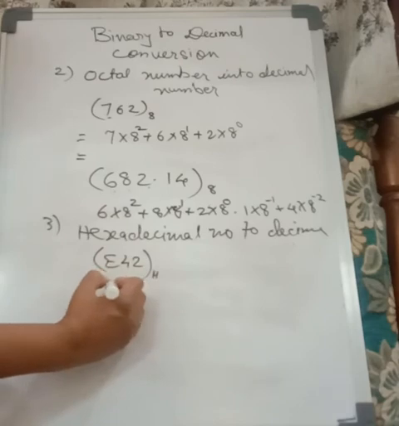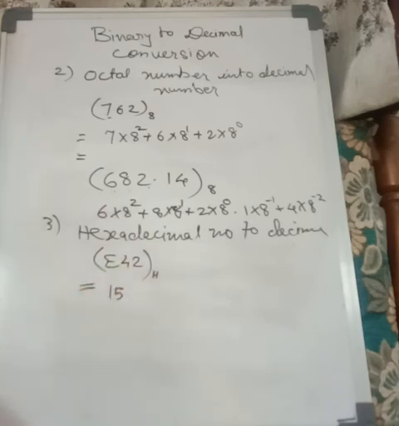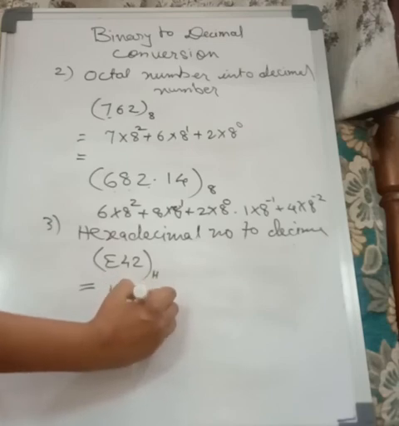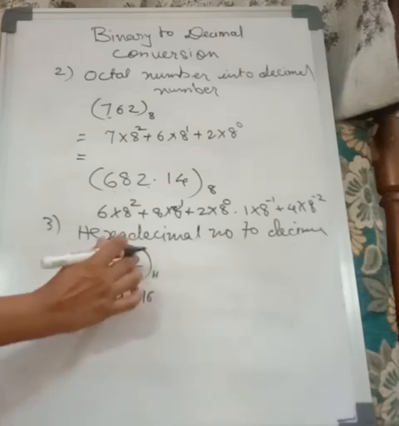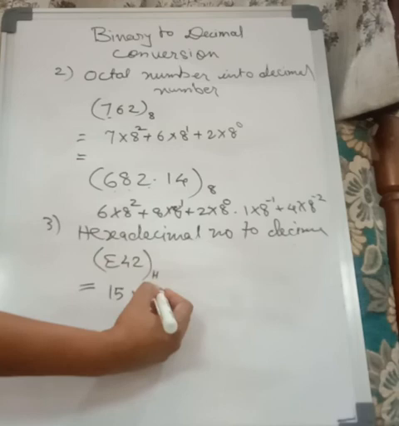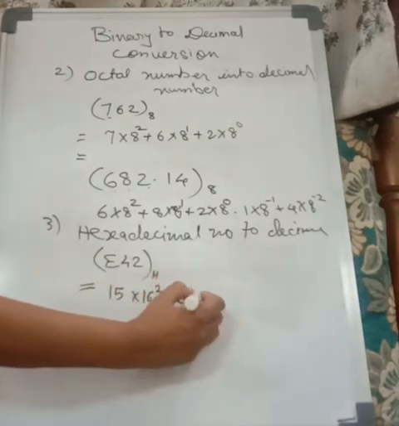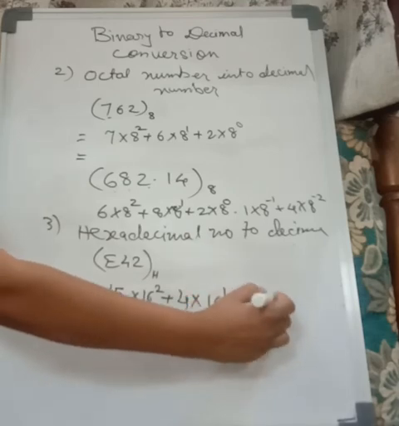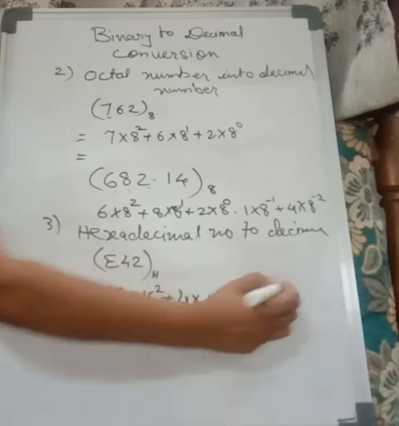So E is 15. We'll write E, that is 15, into 16 to the power 2 plus 4 into 16 to the power 1 plus 2 into 16 to the power 0.